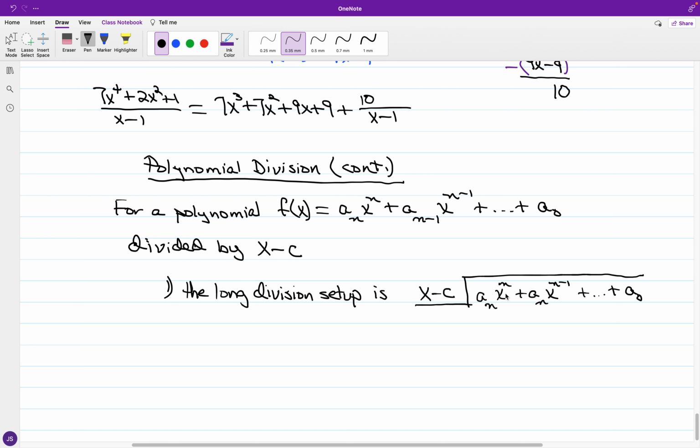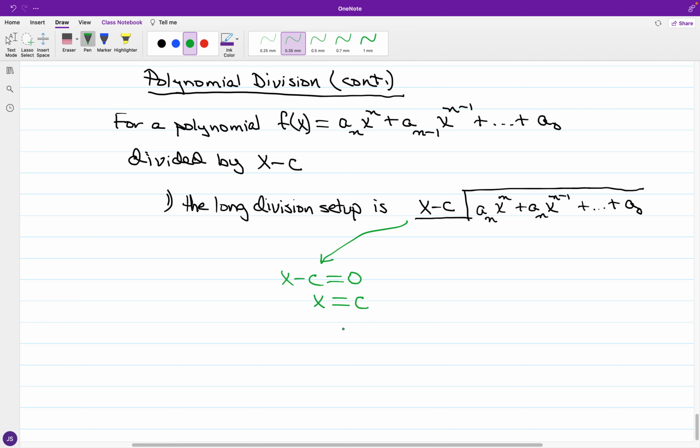Now, going back to looking for zeros, the divisor is x minus c. For synthetic division, representing the divisor, I'm going to be taking the 0 of that divisor, which is x equal to c.